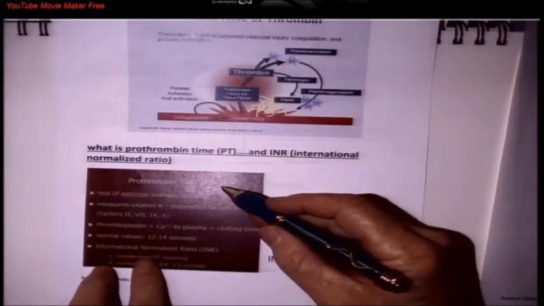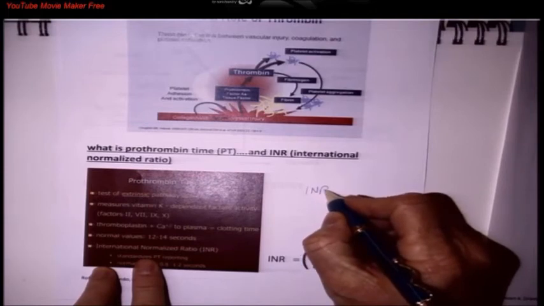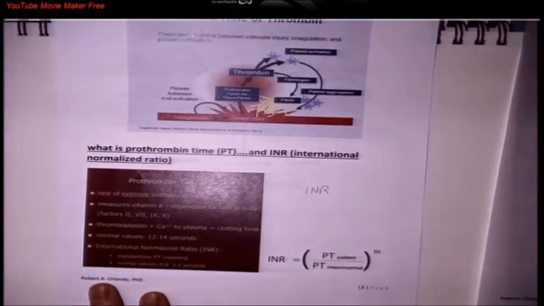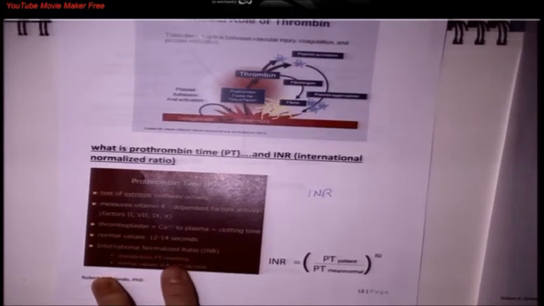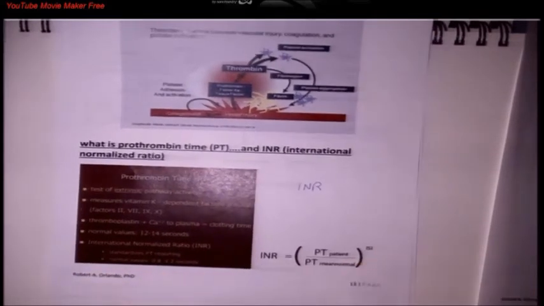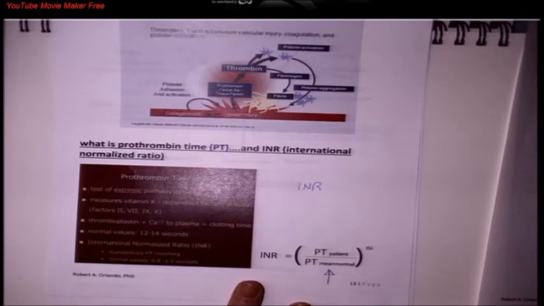Now, what's the difference between PT and INR? What is INR? International Normalized Ratio. Okay, so it's no different than a PT, except you've normalized it to what is considered a mean normal value for the population for a PT measurement.